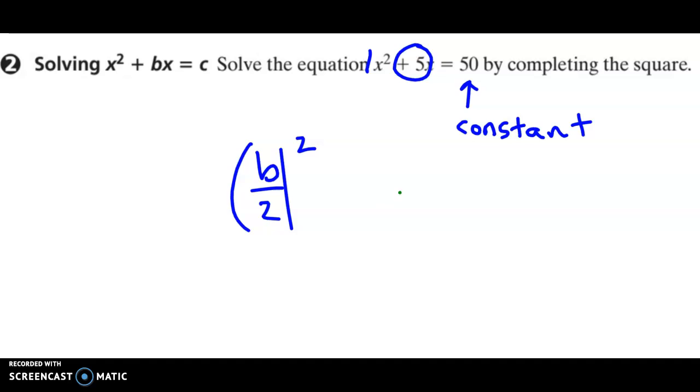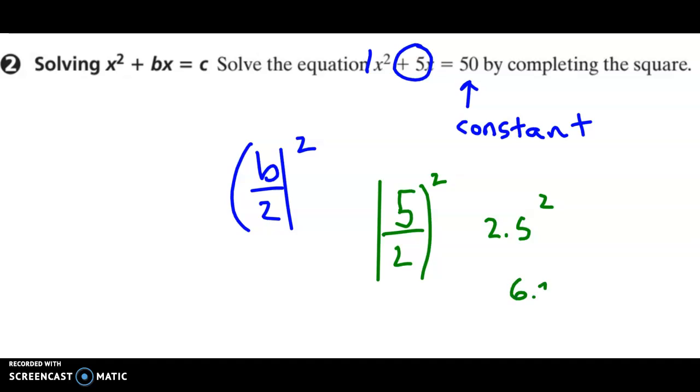So we're going to take 5 divided by 2, and we're going to square it. 5 divided by 2 is 2.5. Squared is 6.25. So 2.5 squared is 6.25, and that is the value that we would add to both sides.